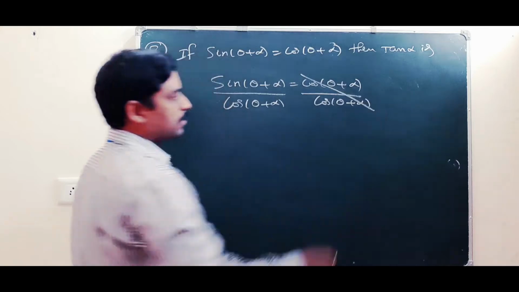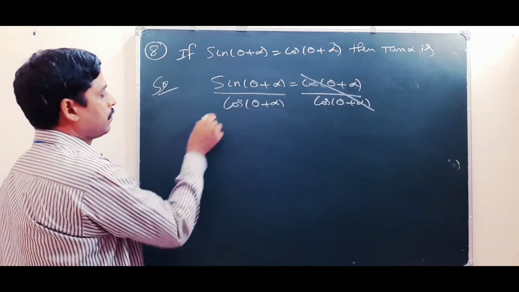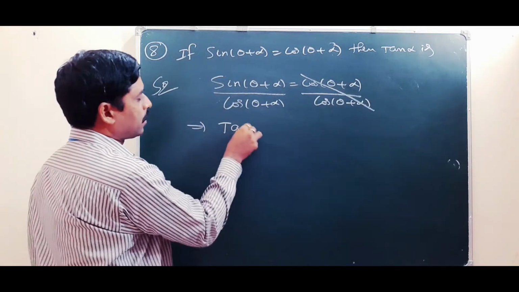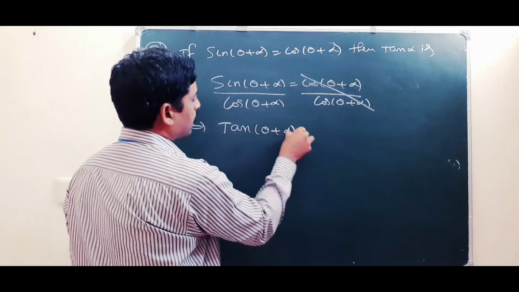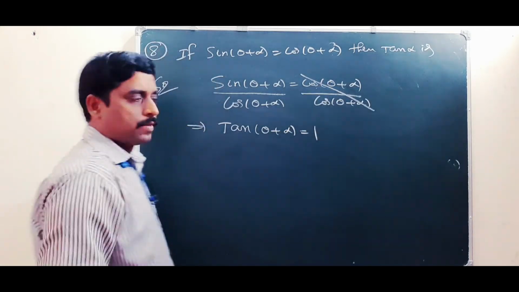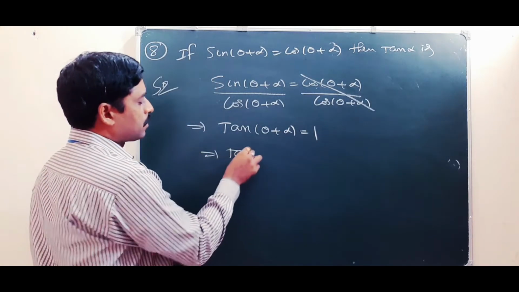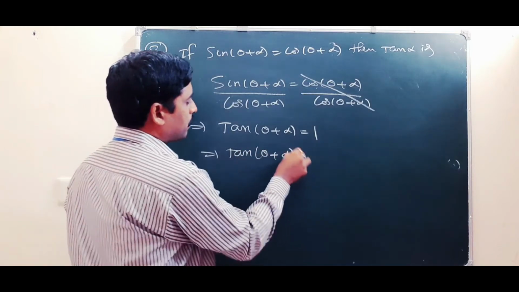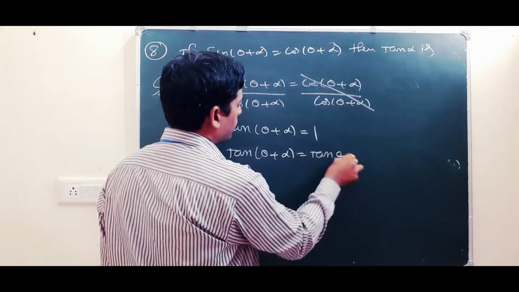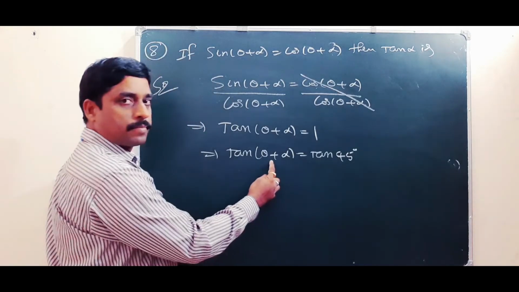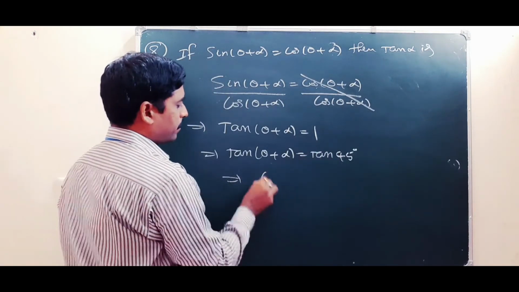So cos theta plus alpha get cancelled. So sin by cos, we get tan theta plus alpha equal to 1. So tan theta plus alpha equal to tan 45. Therefore theta plus alpha equal 45.